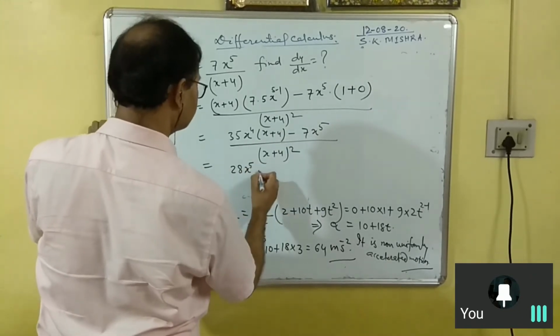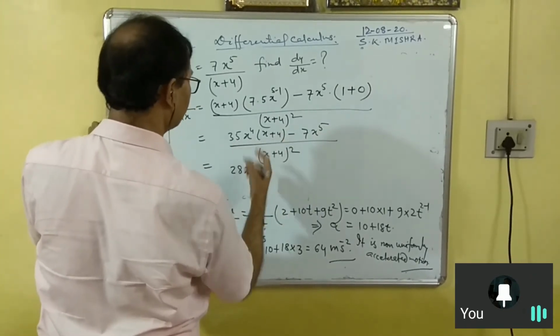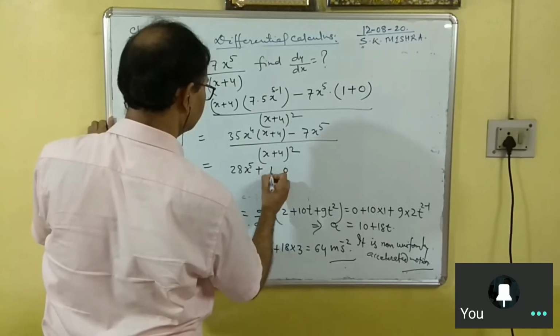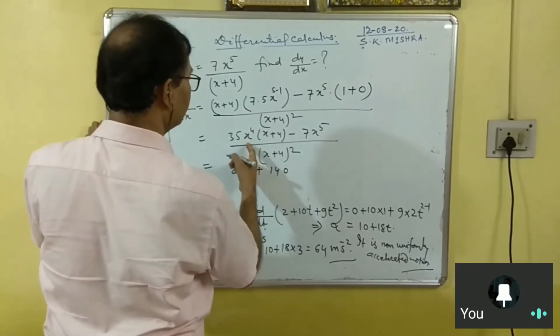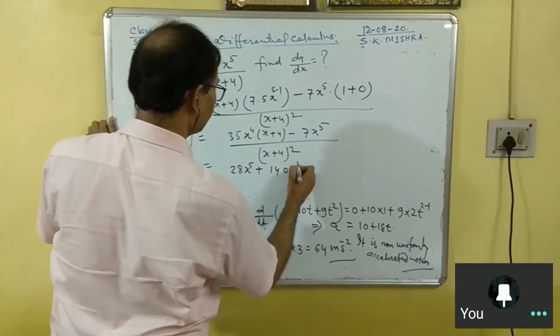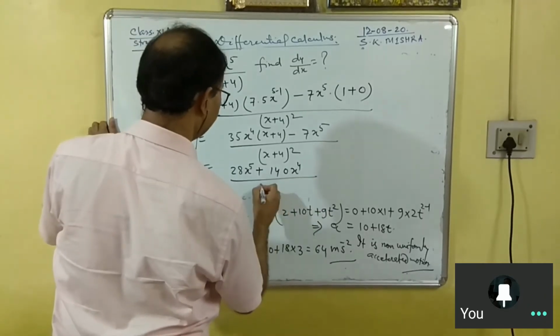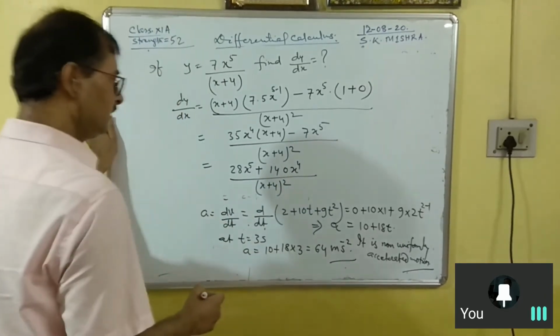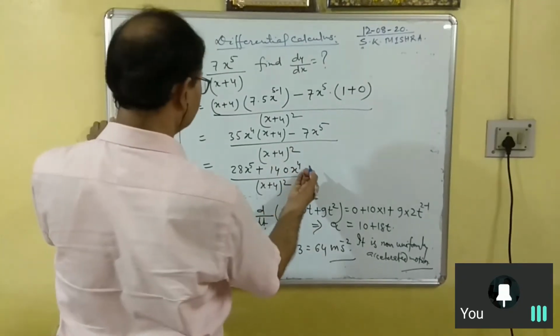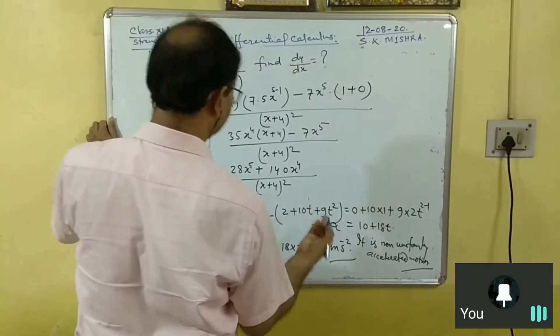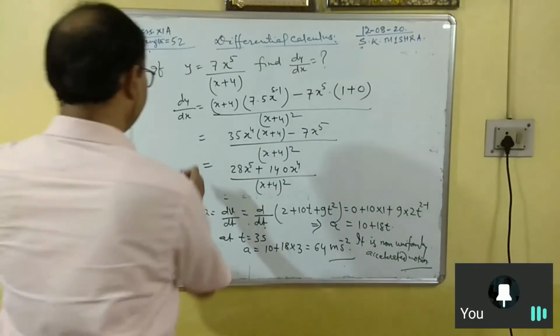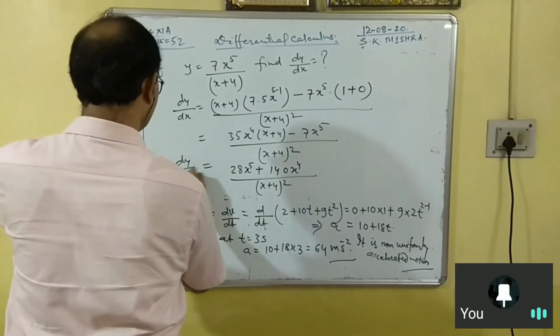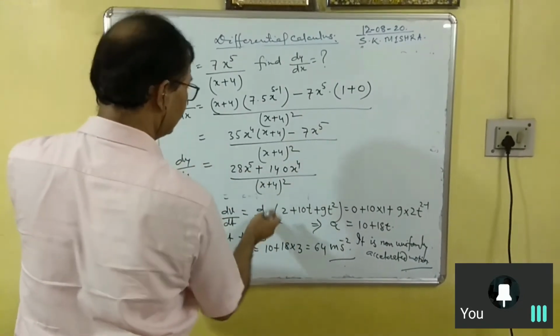Then plus 35 into 4, how much is it? 140 x raised to 4 divided by x plus 4 whole square. Or you may take x raised to 4 common. Our purpose is not to solve this, what will be the final answer.